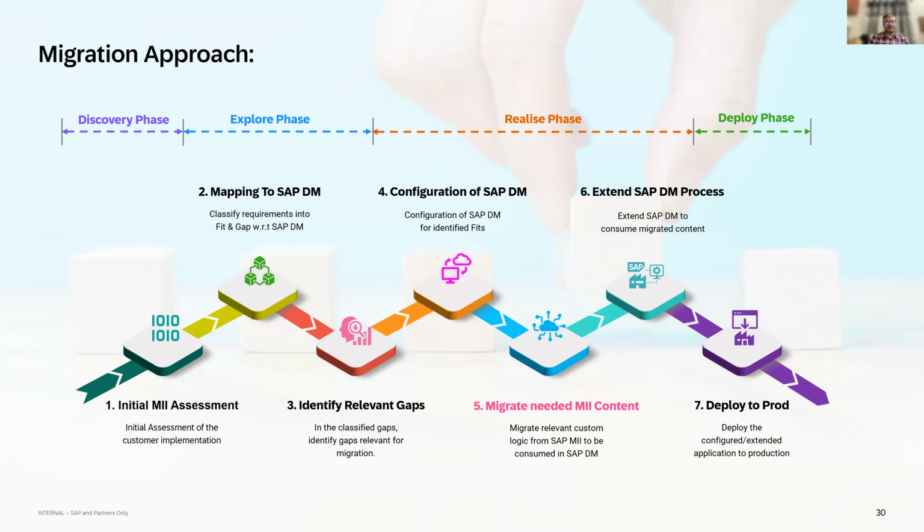Then in parallel, step 4 and step 5 happen: in step 4, we configure the standard DM solution for the solution fit, and the process accelerator that we talked about brings in the content from the MII side to the cloud, so that these two are now residing in the cloud platform.